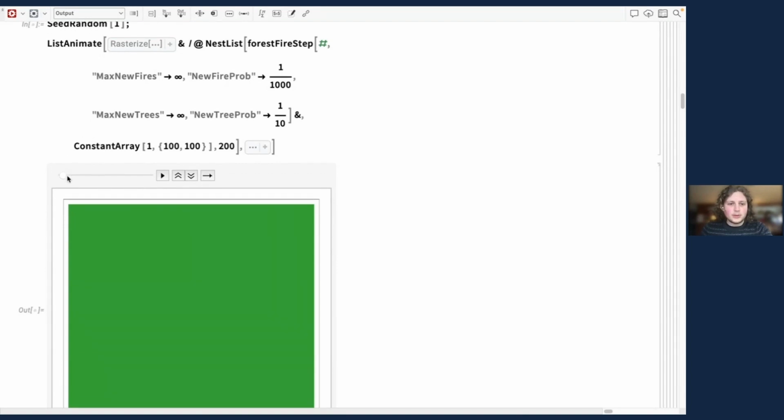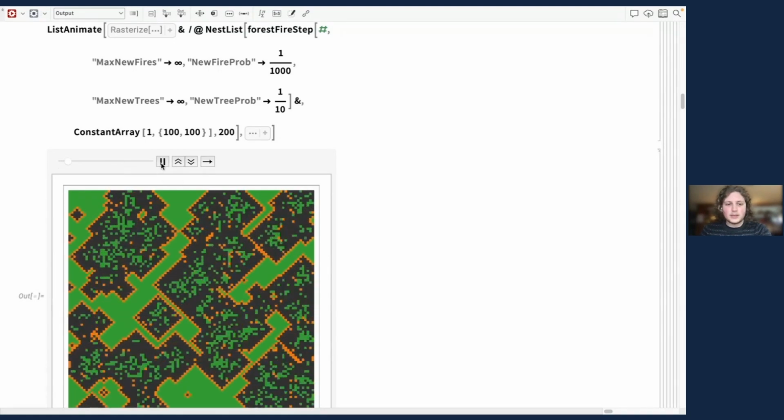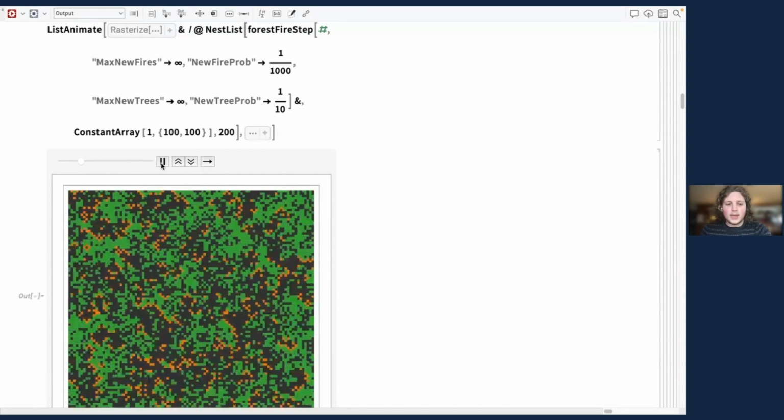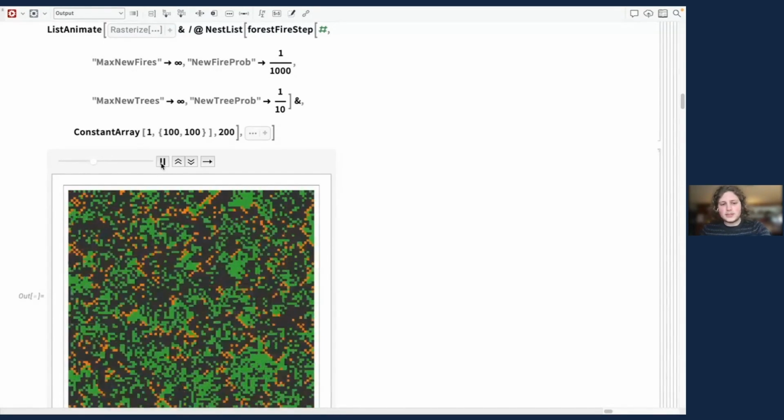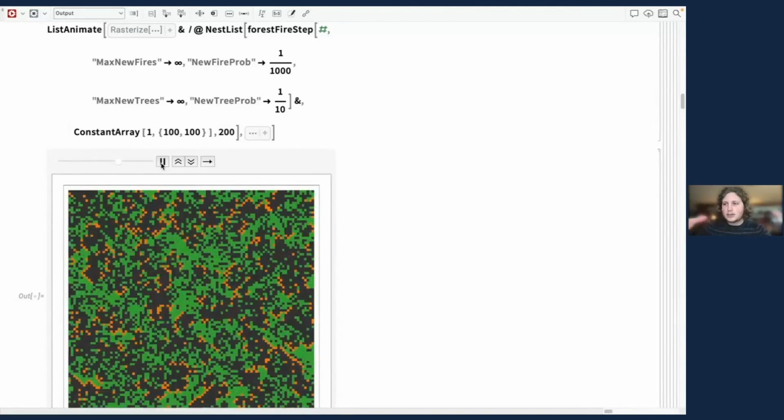So we compute 200 steps of simulation with some random fires starting in random places at a 1 in 1,000 probability at each turn. And so we'll have a few starting fires, and then we have this transient behavior, and then we have these fires that are continuously starting, and clusters of trees that are continuously growing.